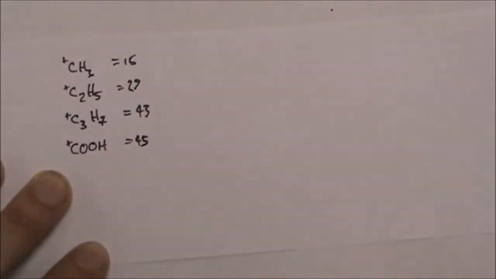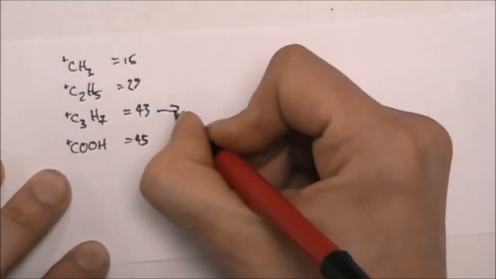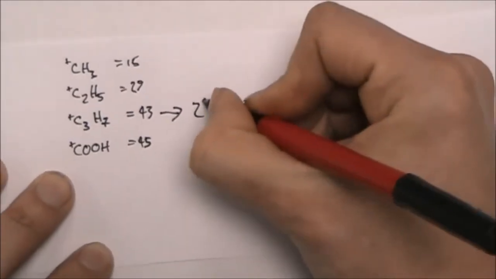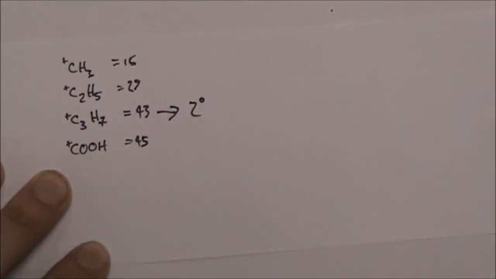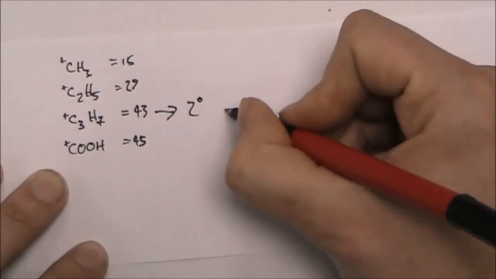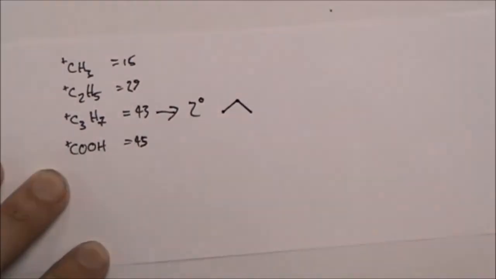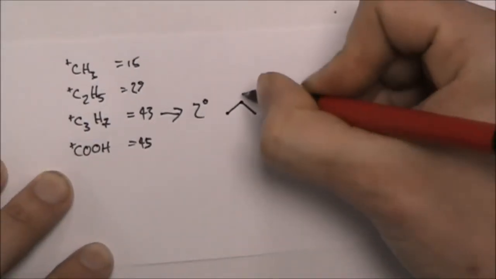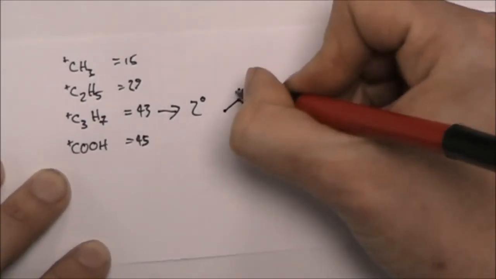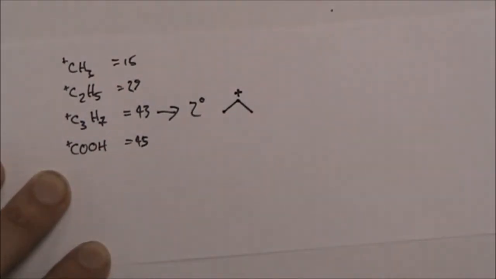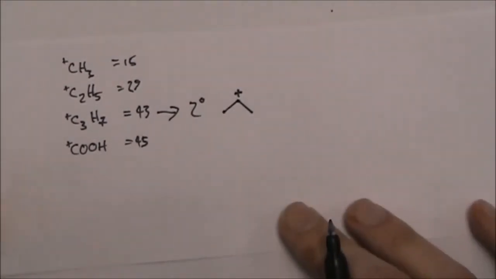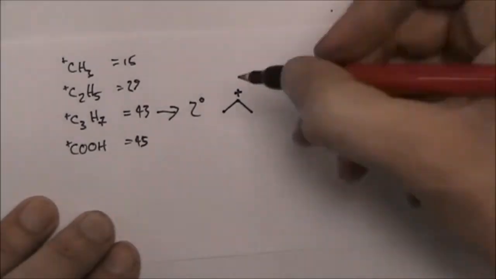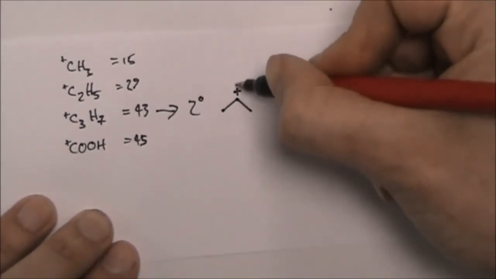So what's this one? That could be anything. We know that that is going to be secondary, and in order to make that into secondary, we could have this. We could have the plus here, or we could have the plus here. Secondary is here. So we're going to have a secondary carbocation like that. Now if that's the secondary carbocation, then the bond must have come from where that plus is.